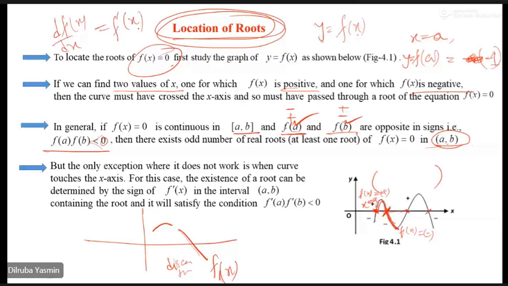When you have f prime x, you can easily calculate f prime of a and f prime of b. This is the open interval, and in this region the root exists. So this is the theory.